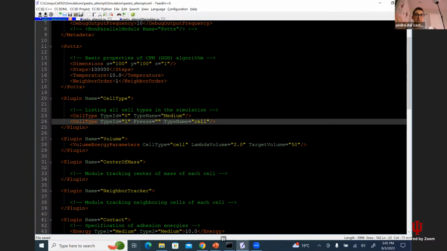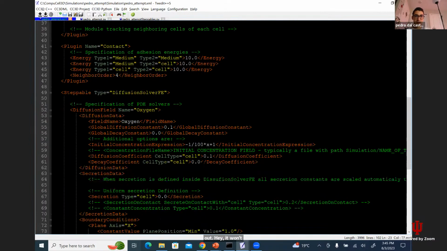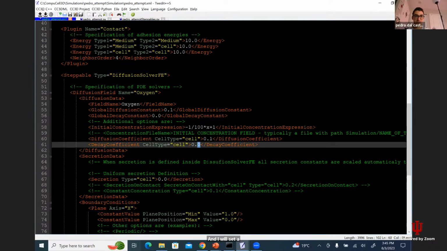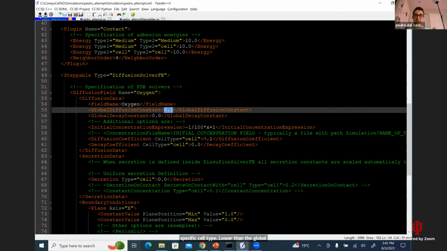So the cell type is frozen now. Okay, it won't move, it won't interact with anything. And I will set a diffusion coefficient for this specific cell type, lower than the global diffusion constant. So let's say, for example, a value for the global diffusion constant and 0.1 for the cell.